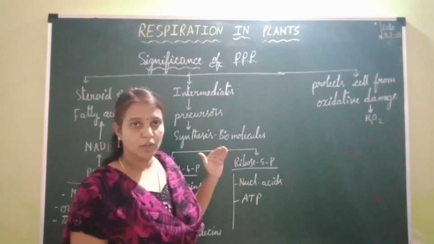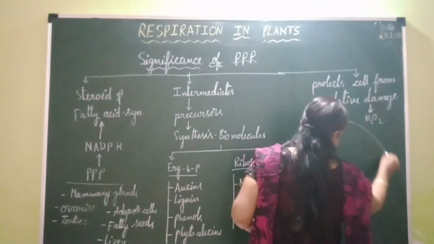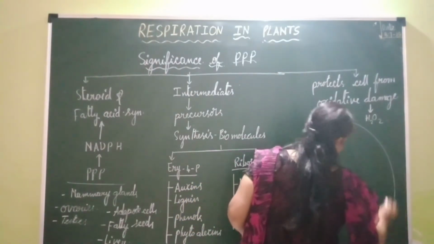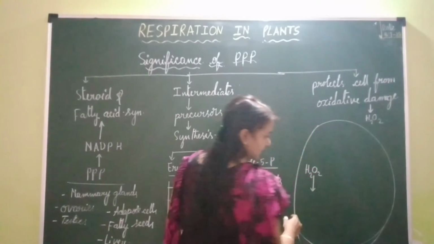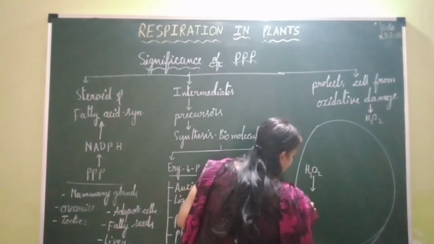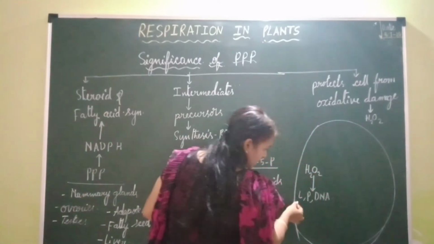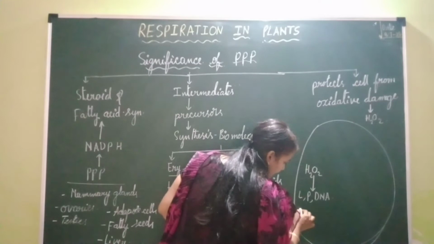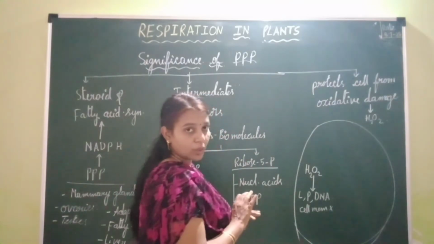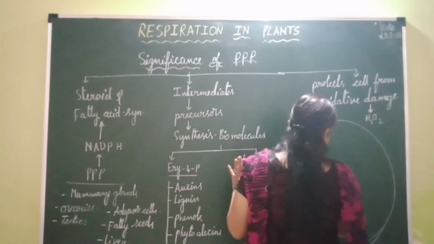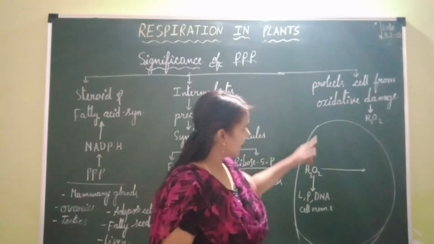Inside the cells, there is H2O2. Hydrogen peroxide can oxidize lipids, proteins and DNA. Due to the oxidation of these lipids and proteins, the cell membrane undergoes breakdown and gets damaged. This is how hydrogen peroxide causes oxidative damage inside the cell.